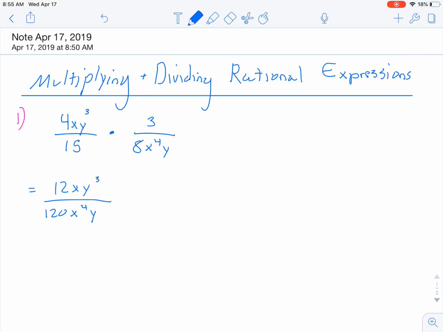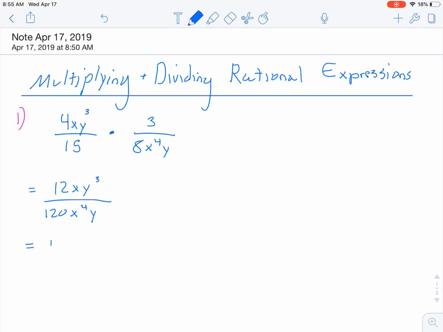And now that we've combined this to one fraction, we just want to ask if we can simplify. Now we can simplify if we can factor out a common factor. Well, in the numerator and denominator, I see that 12 and 120 both have a common factor of 12. And then I notice that they both have at least one x, and they both have at least one y.